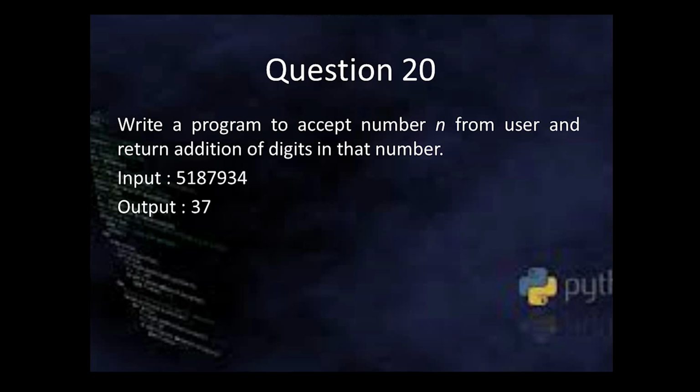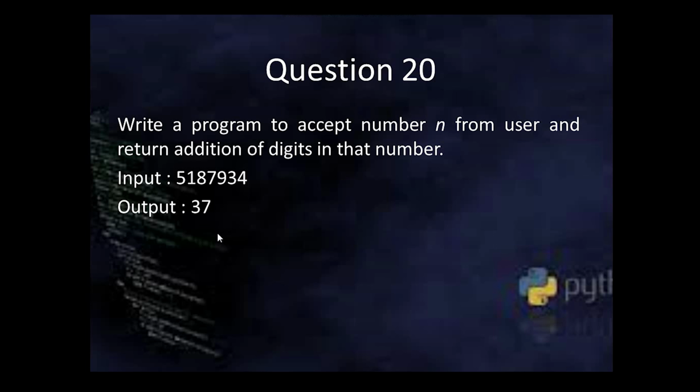For example, if this is the input, the output should be 37. That is 5 plus 1, that is 6, 6 and 8, 14, 14 and 7, 21, 21 and 9, 30, 33 and plus 4, 37.